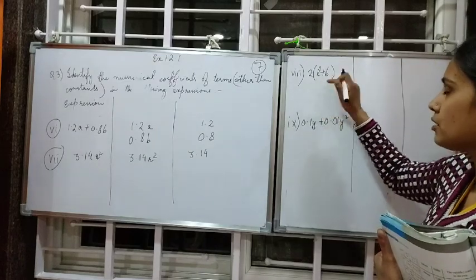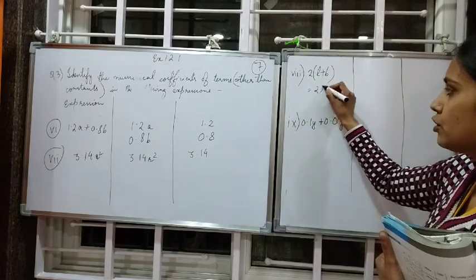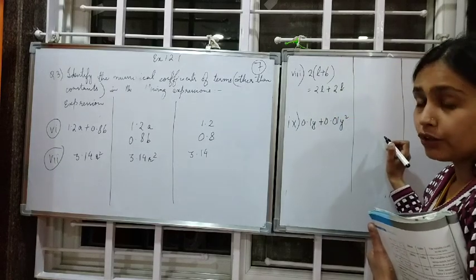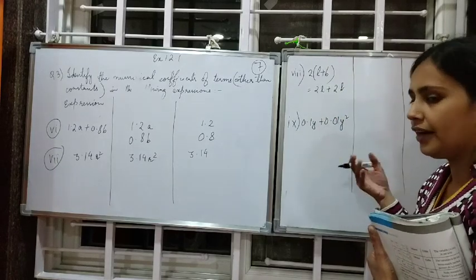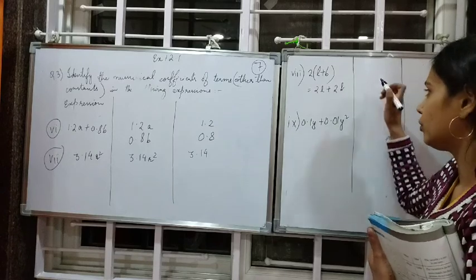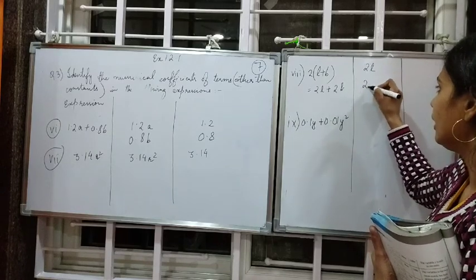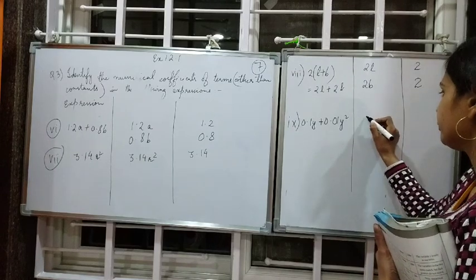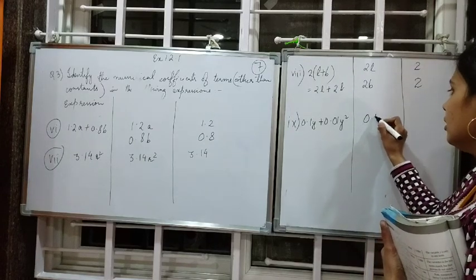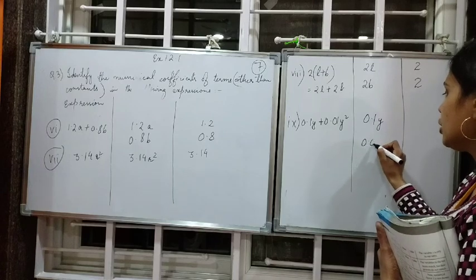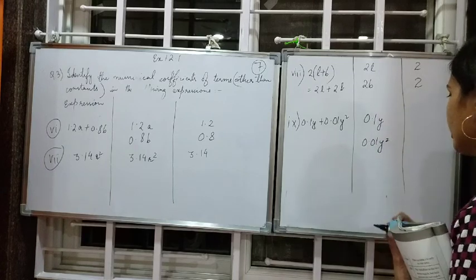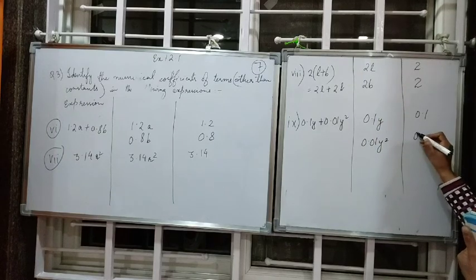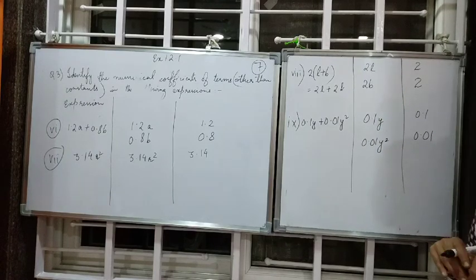So 2 times of length plus breadth, that is 2 length and 2 breadth, when we open the bracket. So 2L and 2B. Numerical coefficient 2 and 2. Here 0.1 y, 0.01 y square. We hide the variables. So 0.1 and 0.01.